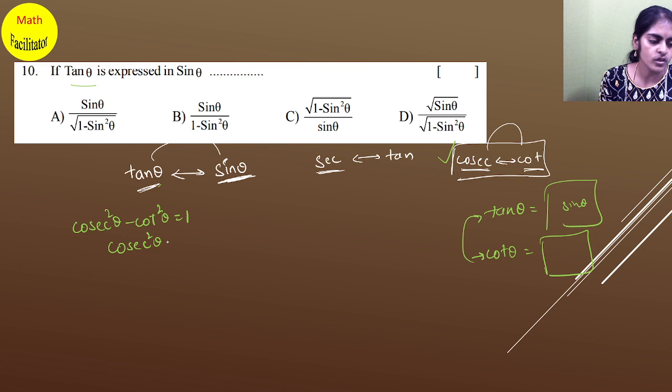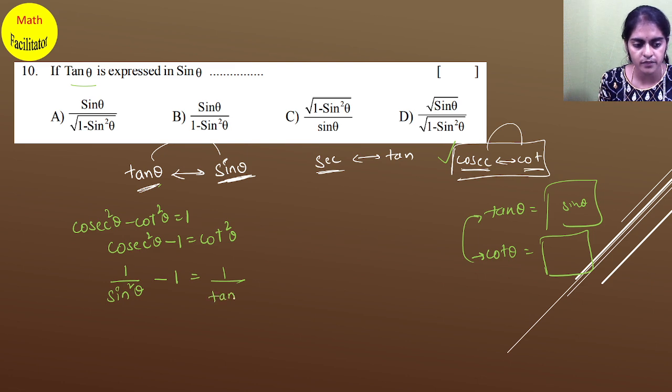Okay. So cosecant square theta minus 1 is cot square theta, right? Or if I want to write this as tan, how can I write? See, cosecant is 1 upon sine. So cosecant square is 1 upon sine square minus 1 equal to cot square, which is 1 upon tan square. Clear.